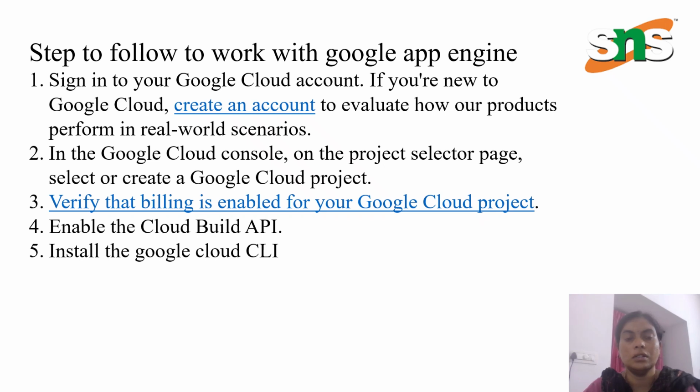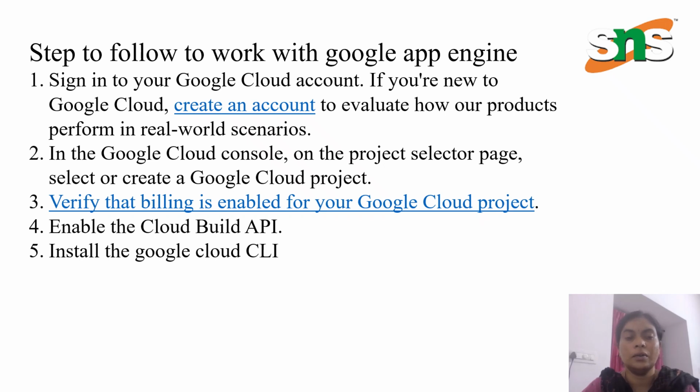First, we have to sign up with a Google Cloud account, and make a note that this Google Cloud account works only with personal mail IDs and not with official or domain mail IDs. Once you create an account, it will evaluate how our products and performance work in real-time scenarios.